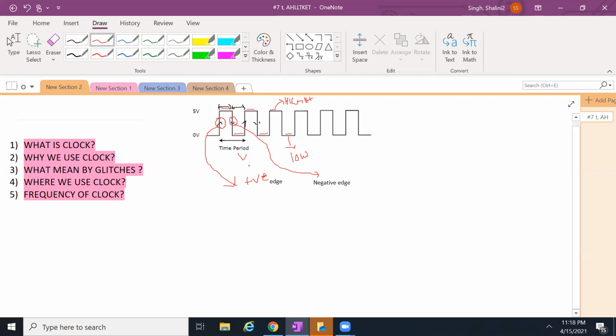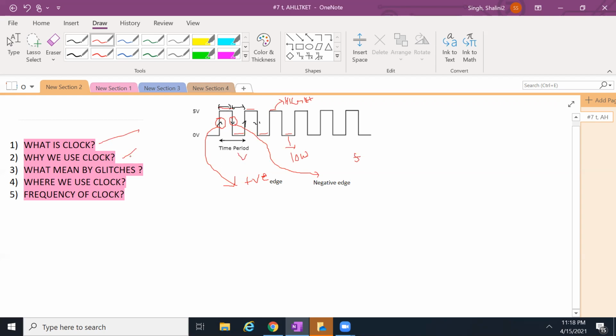So from here we can calculate the frequency. We'll talk about that later. So our clock looks like this. Okay, so the first question is done.